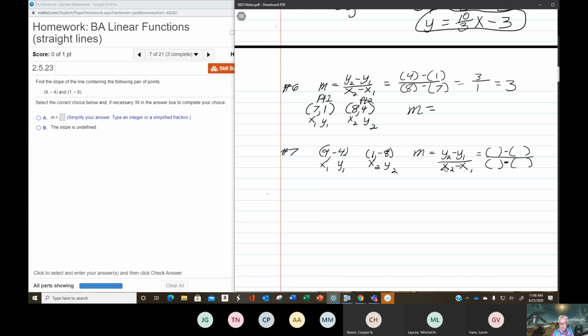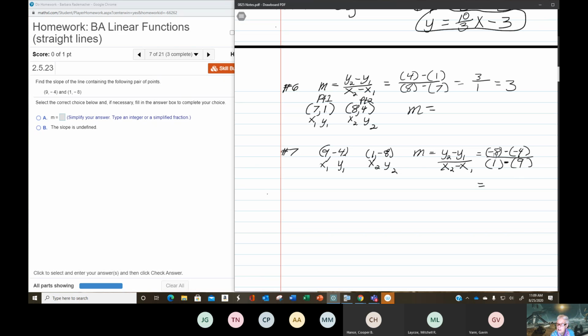We're going to have, what are we going to have? We're going to have negative 8 minus negative 4 over 1 minus 9. Now let me make sure that's right because I'm moving fast. Yeah, negative 8, negative 4, 1, 9.